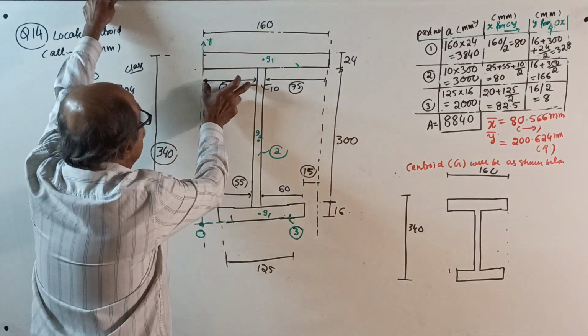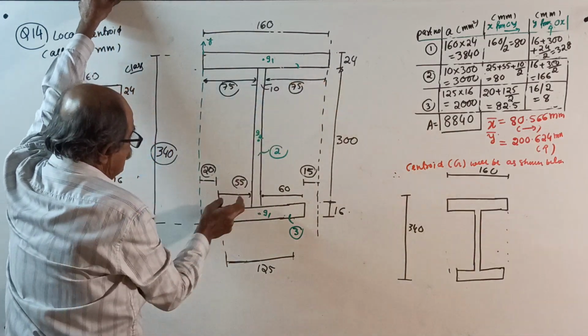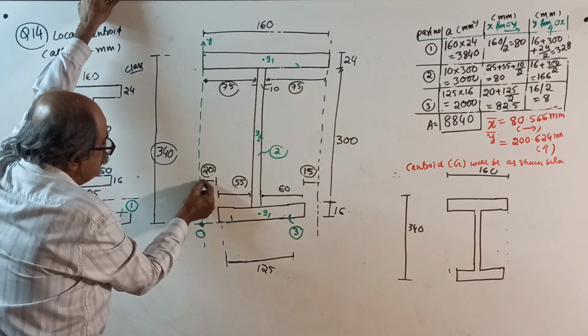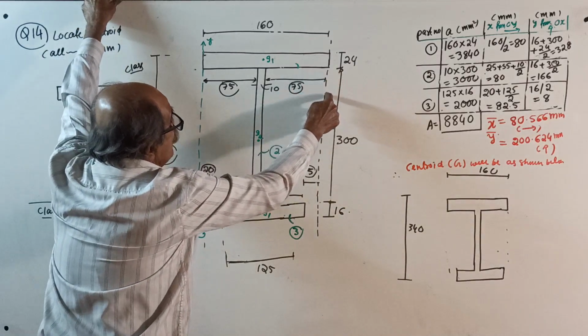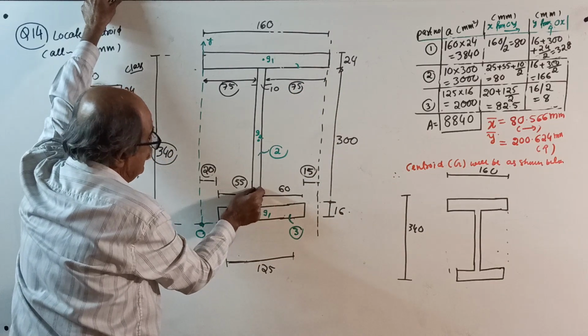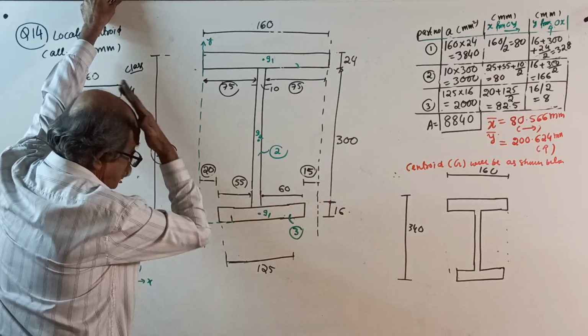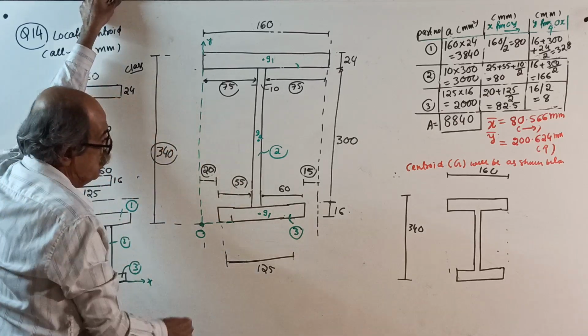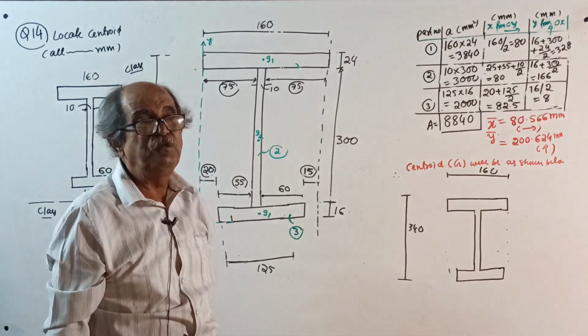I explained 75, 75, 55. See, this is 75. So this offset is 20, and at the extreme end, 20, 55, 10, 60. What I am doing is 20 plus 125, which is 145.